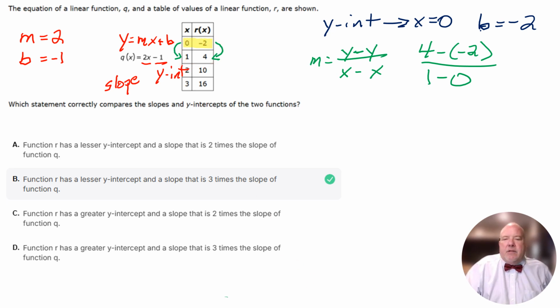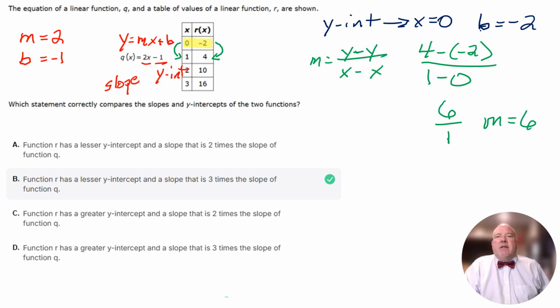All right, so let's do this simple math here. 4 minus -2 is 6, and then 1 minus 0 is 1. So our slope equals 6. So the q function has a slope of 2, and the other function has a slope of 6.